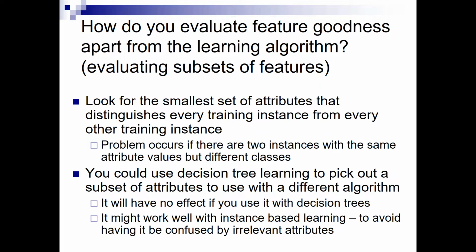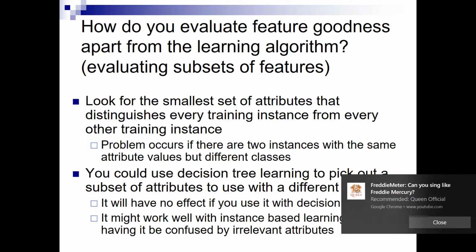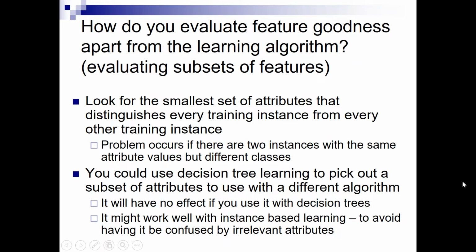Another possible way is, out of the whole set of features, to pick the smallest subset that allows me to distinguish each of my training instances from each other. So, for example, if I have one feature that has a unique value for every instance, then I could just keep that one. But actually, that wouldn't be a very useful feature to have.